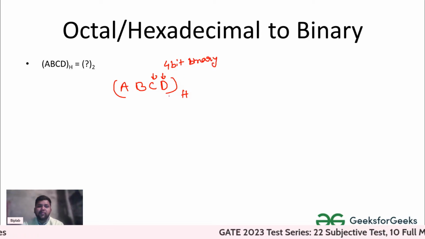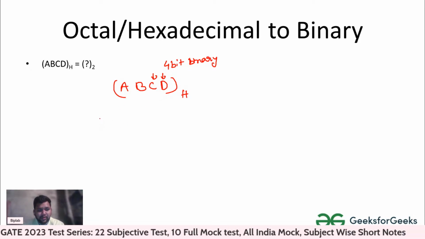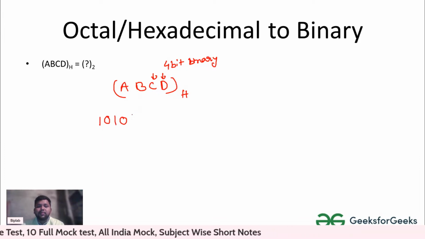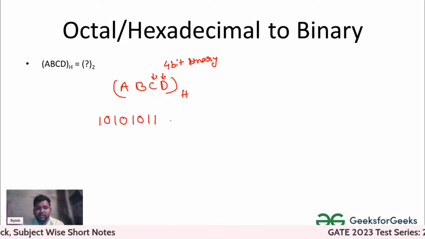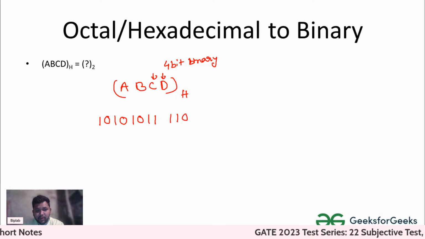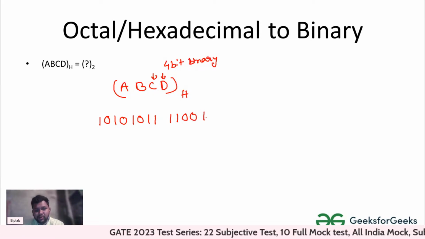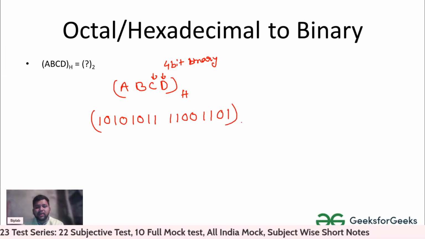Each digit of a hexadecimal number will be converted to a 4-digit binary number. So A is 10, so take 1010. B is 11, so take 1011. C is 12, take 1100. D is 13, so take 1101. That is your binary number.